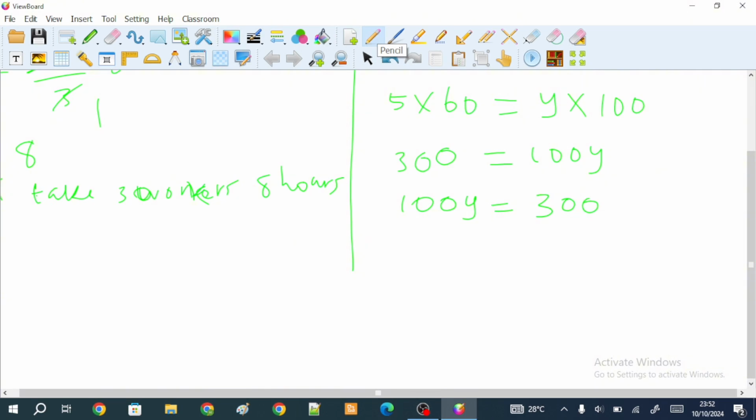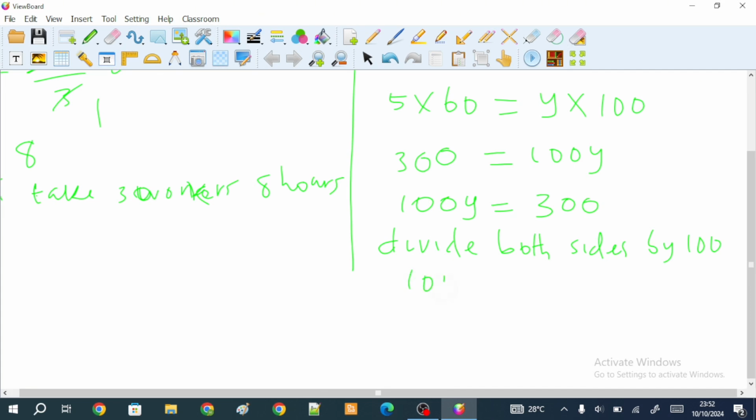Okay, so we're looking for y, not 100y. In this case, we're going to divide both sides by 100. You know why we're dividing by 100? Because the coefficient of y is 100.